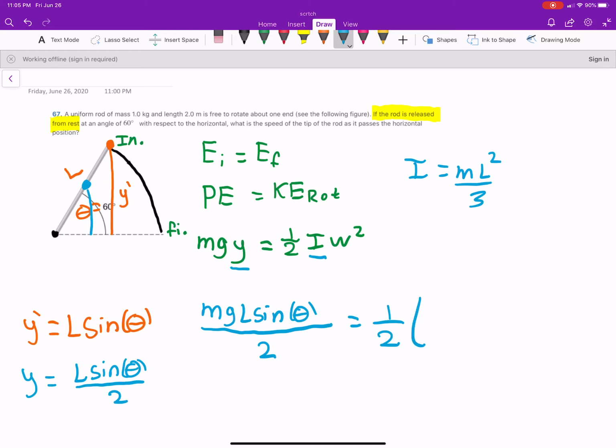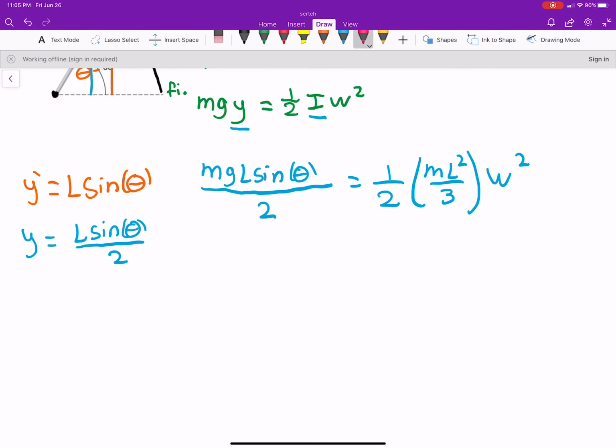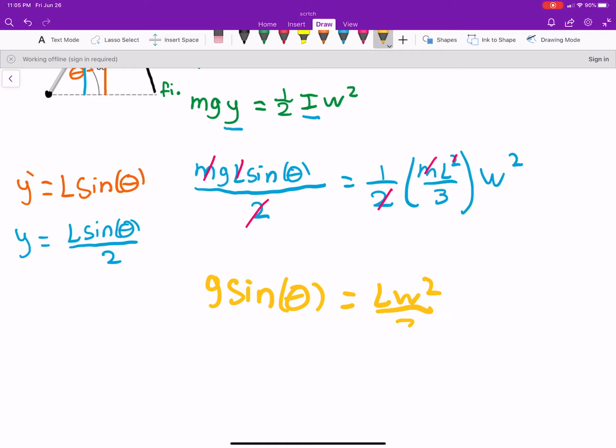So that's mL squared over 3 times omega squared. Well, right off the bat, we can see this cleans up a little bit. The m's cancel, this L will drop with here, this 2 drops with here, and we get g sine theta is equal to L omega squared over 3.